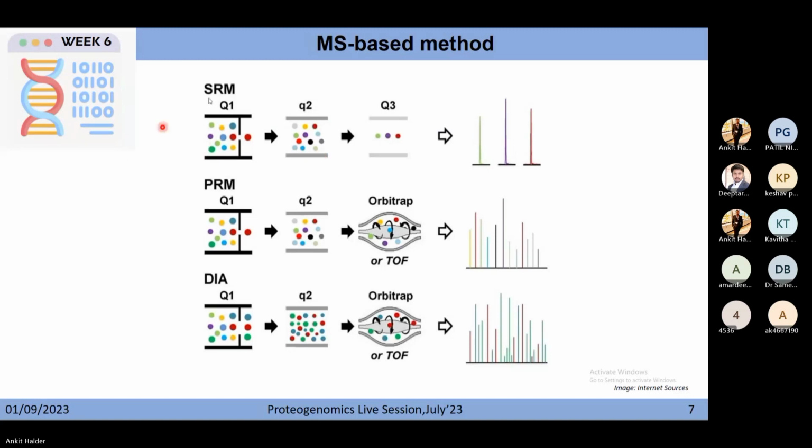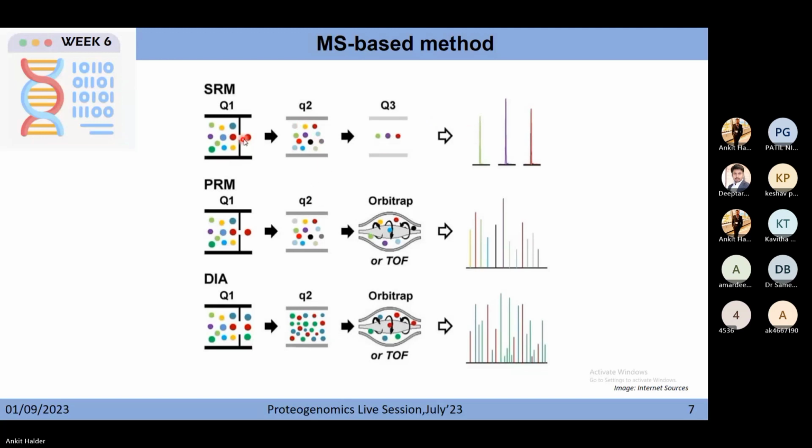So here, in this first filter, you pre-select the ions that can pass through it. Then they will be fragmented in the collision cell Q2, and in the third quadrupole, the pre-selected ion and the daughter ions which are generated here are allowed to be detected in the mass spectrometer.